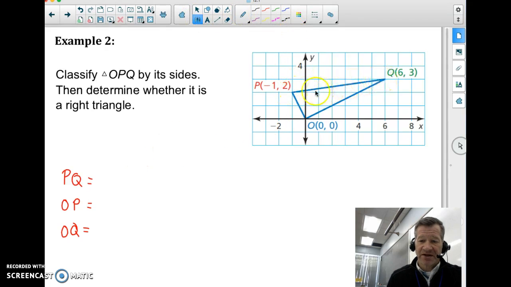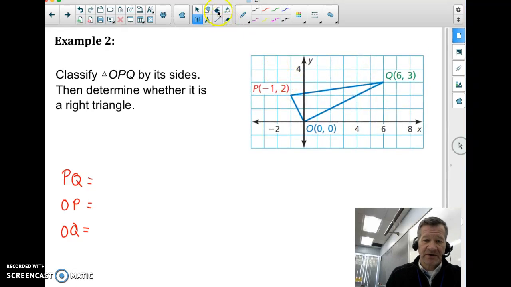To get from P to Q, I've got to go one vertically. Let me try that again. One vertically, and then I have to go 7 units horizontally. So to find the distance from P to Q, as we learned in an earlier chapter, we take 1 squared plus 7 squared equals the distance from P to Q squared, so we take the square root of that.